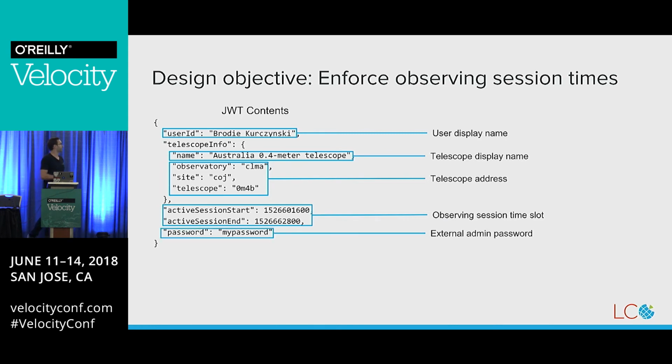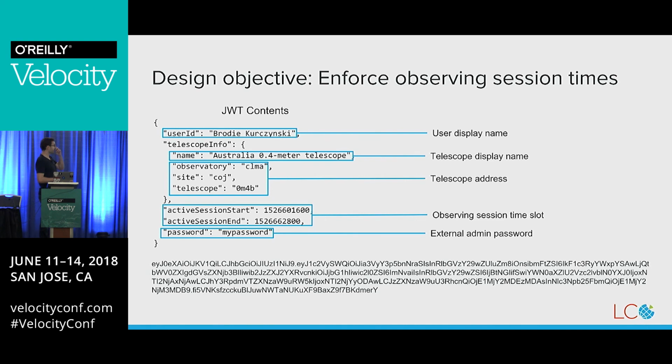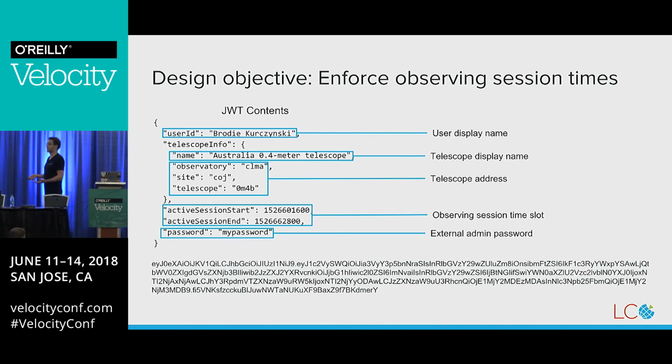And finally, this is the password that must be validated to ensure that they have rights to generate the token in the first place. And that's what one of these JSON web tokens looks like. This is what the admin will distribute to anyone who's going to make an observing session for education.